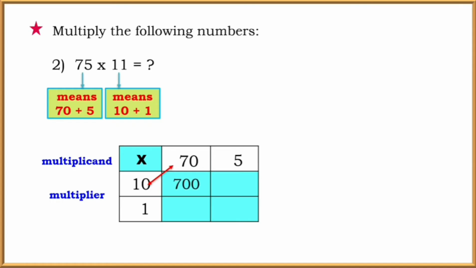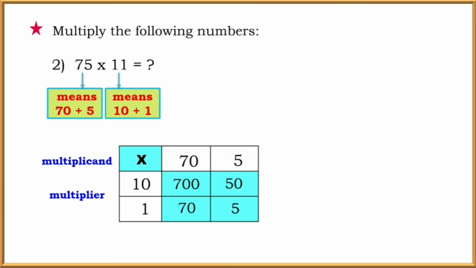So the answer will be 700. Now let us multiply 10 by 5. So the answer is 50. Now let us multiply 1 by 70. So 1 by 70 is equal to 70. Now 1 multiplied by 5 is equal to 5.